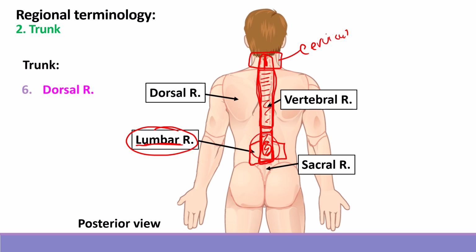Below the vertebrae, we have a bone called the sacrum. Okay, so the bone is called the sacrum, and the name of the region where the bone is located is called the sacral region. Very similar, if you see here. There's another extra region that you don't need to know necessarily right now, but I'm going to mention it anyway. The tailbone, also known as the coccyx, the name of the region, coccygeal region.